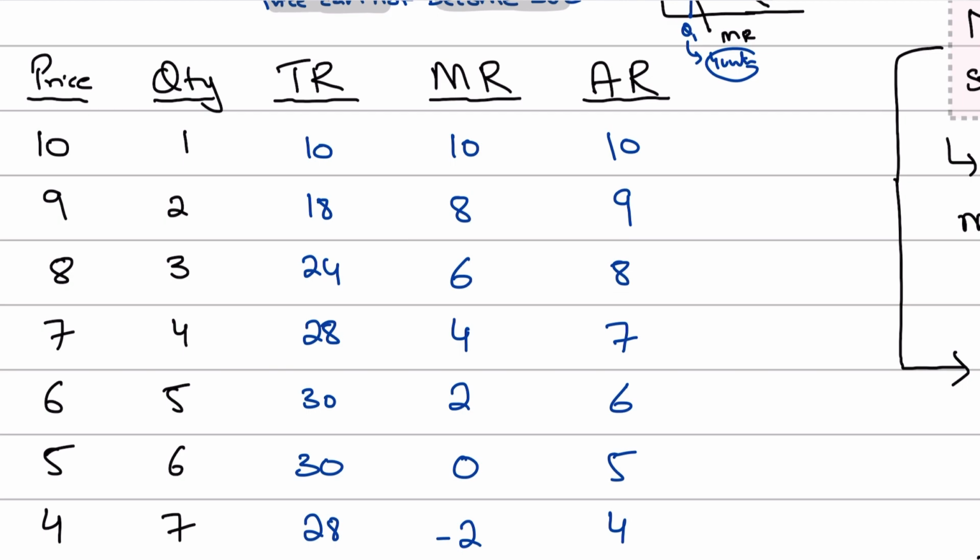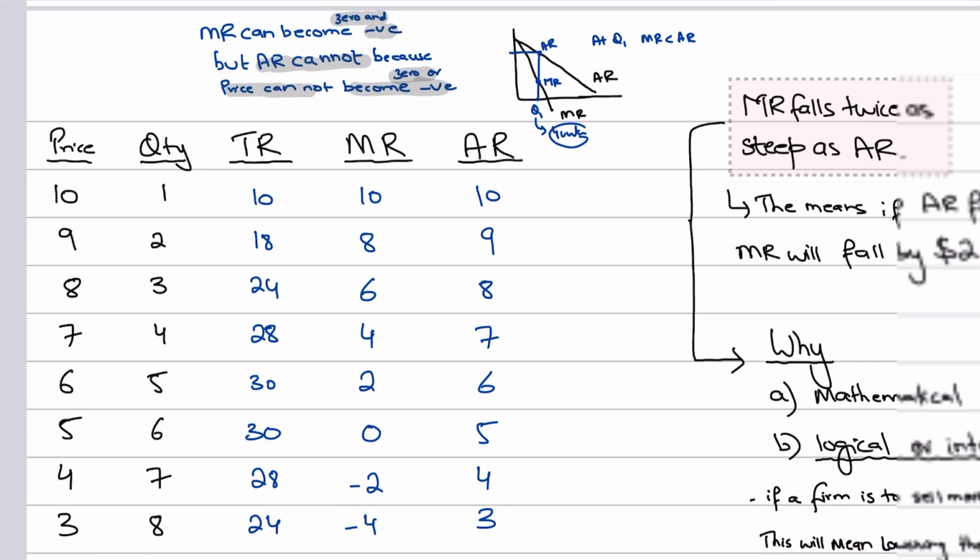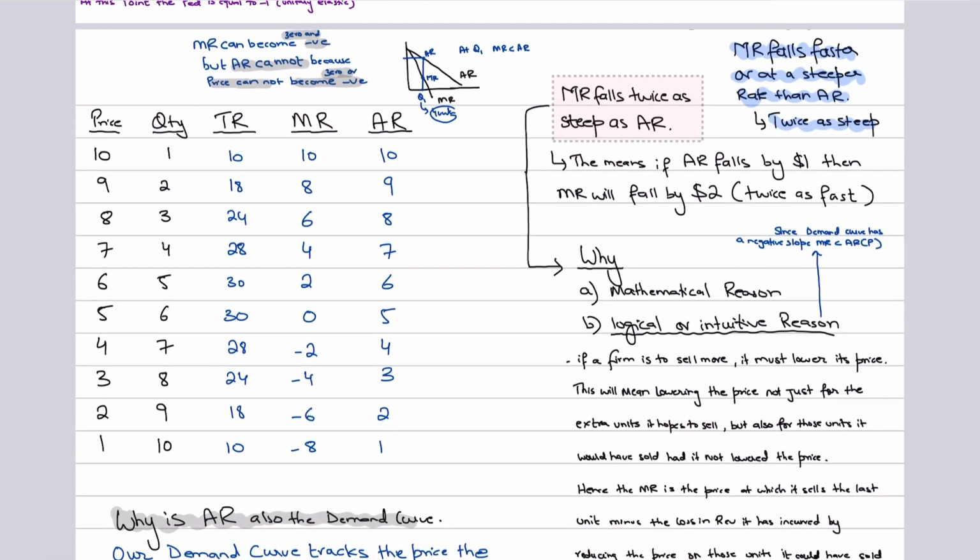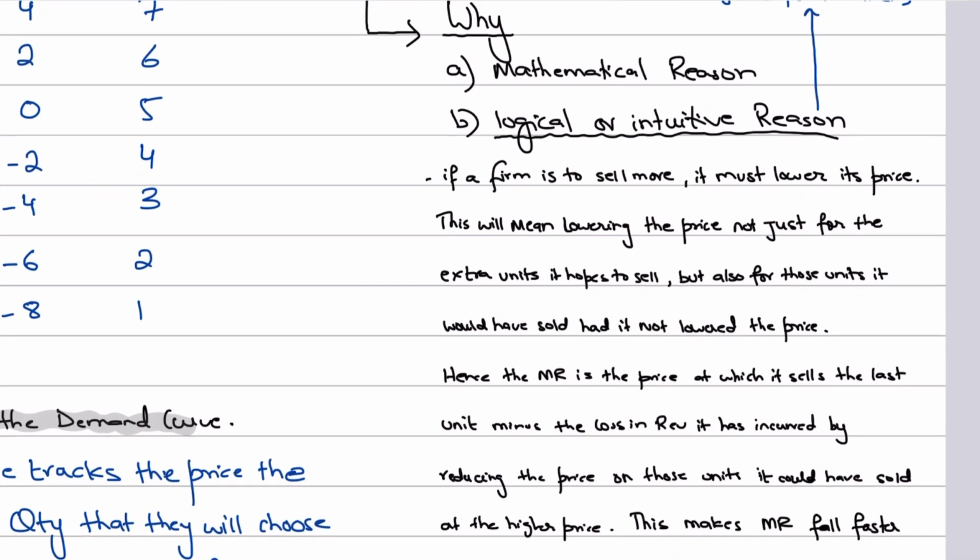I mean, why is the addition to revenue less than the average revenue on that day? Each time you end up selling more, your average revenue will obviously decline, since price is declining and price is average revenue. So our marginal revenue is declining too, but we already saw mathematically it's declining twice as fast. So what is the logical or intuitive reason behind it?